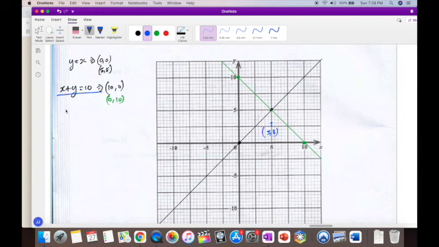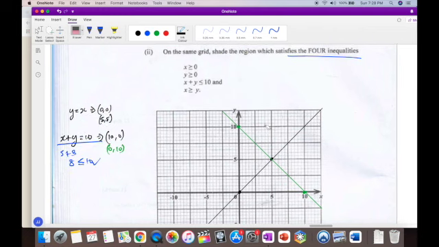Choosing that point, 5 plus 3 is 8, and 8 is definitely less than 10, yes. So we are dealing with this side of the green line inside of that little square there. Now we know from these 2, we narrowed it down to this square here, and from this one, we narrowed it down to this little section over here.